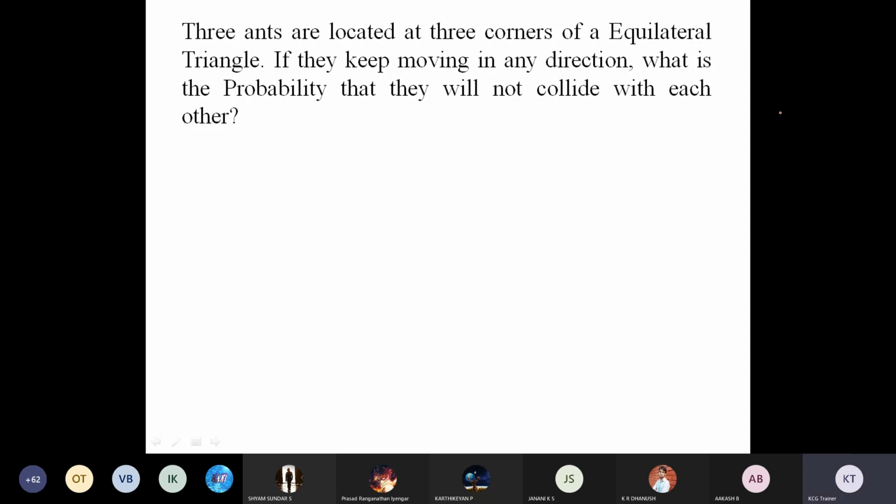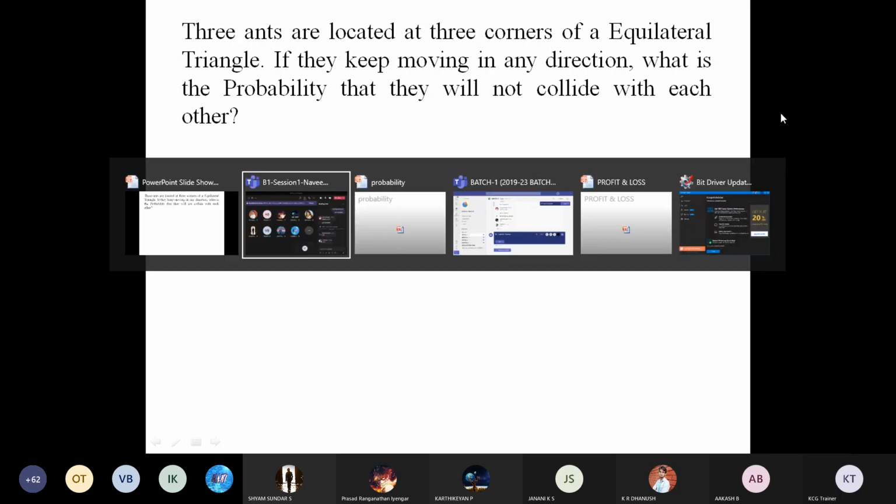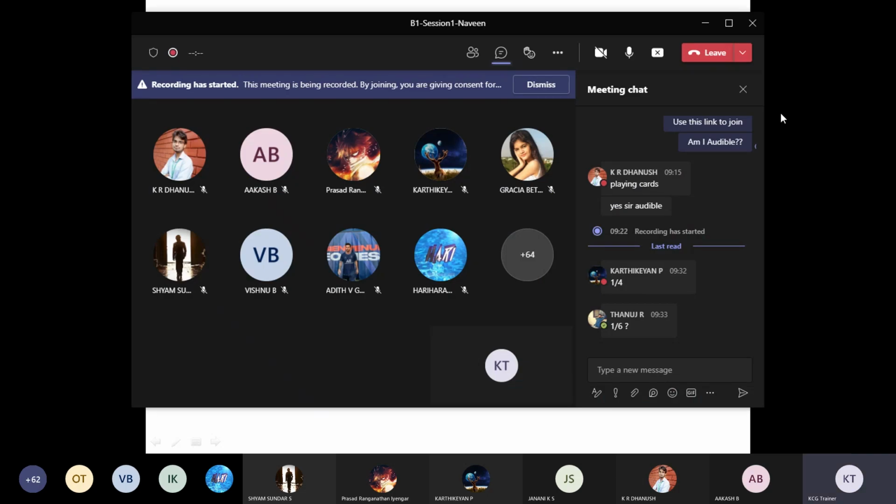Yes, anyone? Karthikeyan 1 by 4, Tanuj 1 by 6.